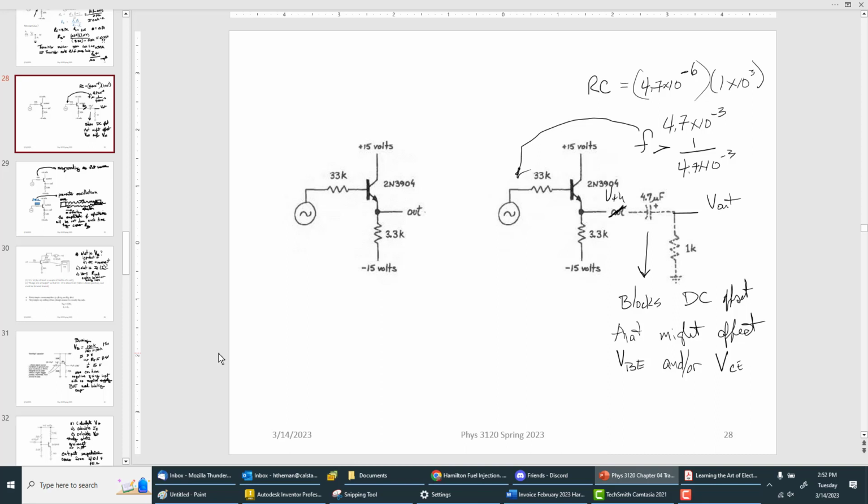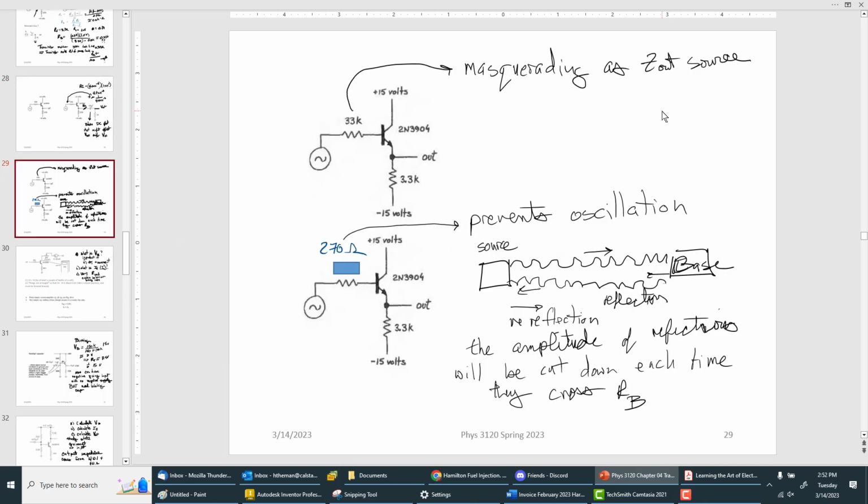Now, as stated before, you don't normally use such a large base resistor. We just use it to masquerade as the Z out of the source. Basically, when we're playing with the emitter follower all by itself, we put in a 270 ohm resistor.